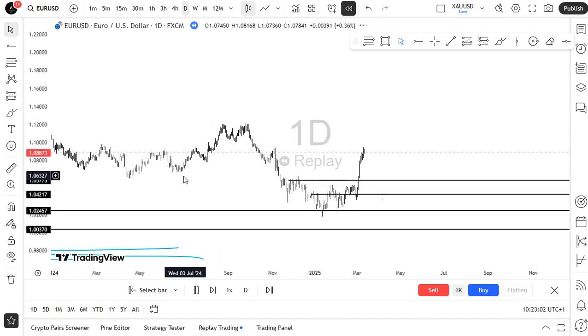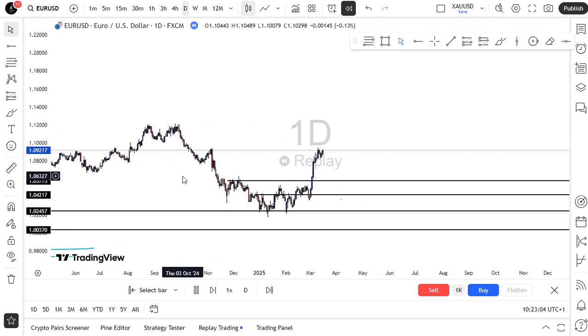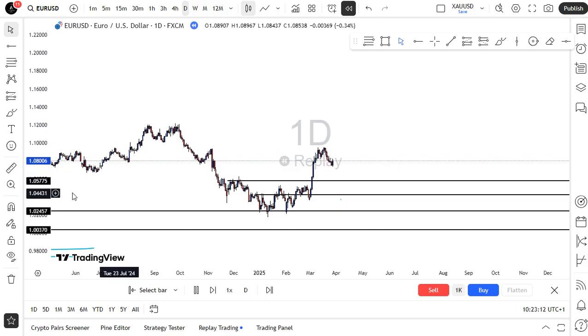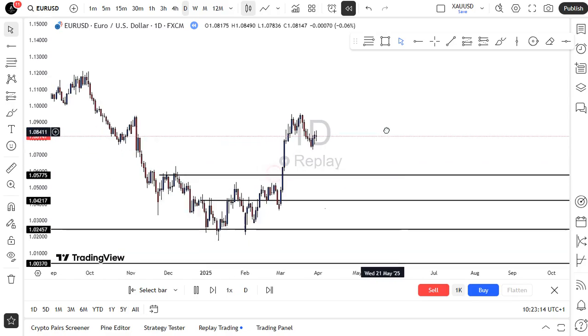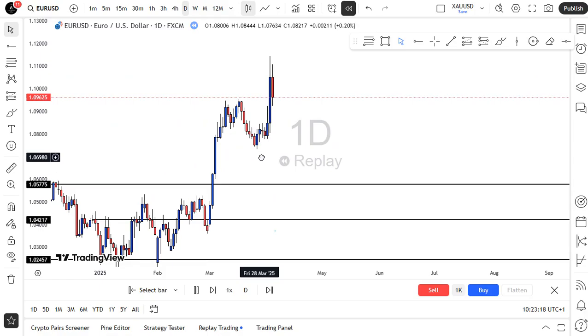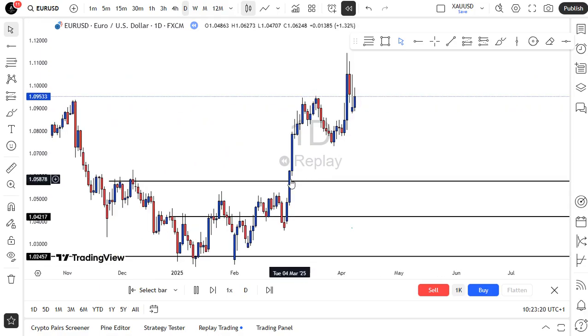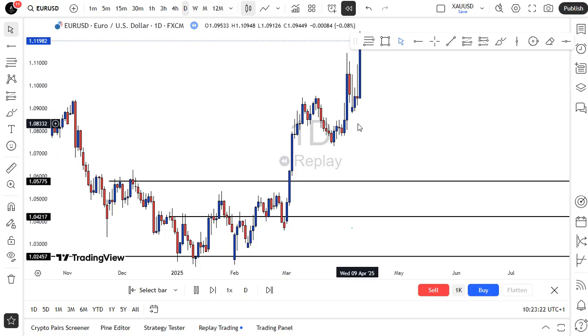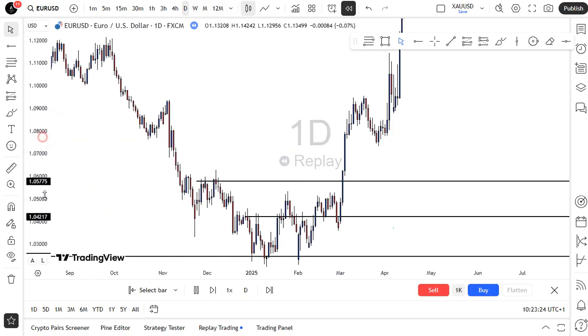In the next videos I'll be focusing on how to take perfect entries, how to exit the markets, and how to use things like Fibonacci to know how it really works. Let's see what this one is still doing.